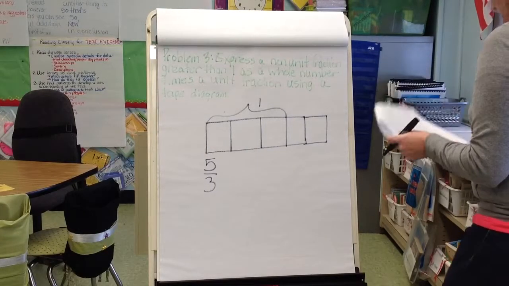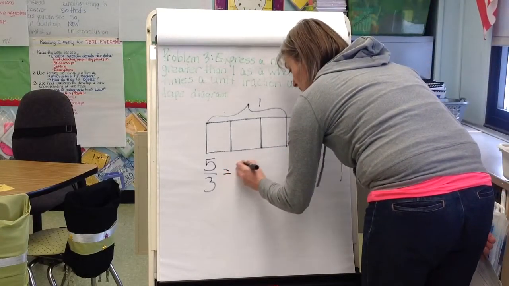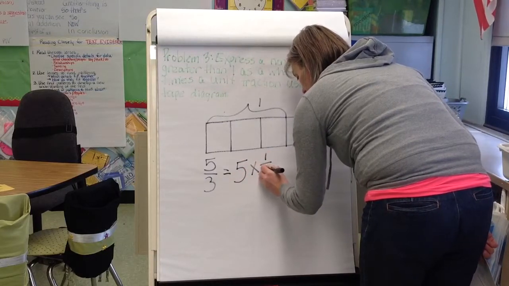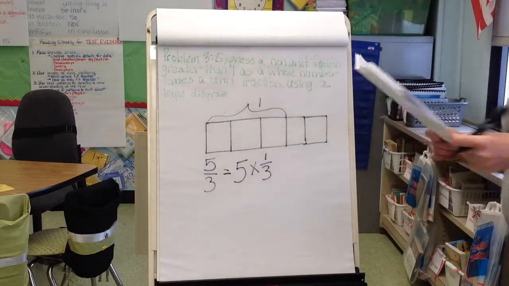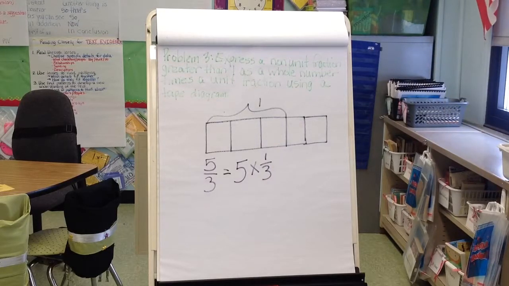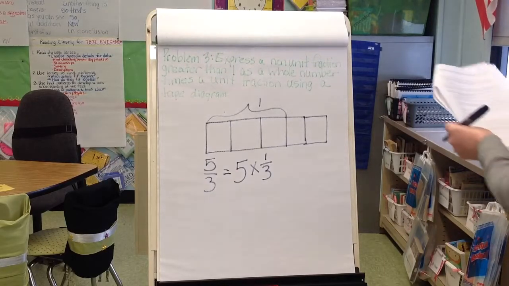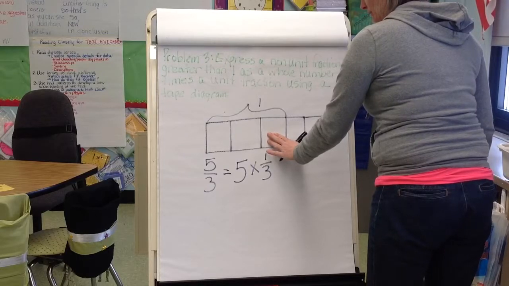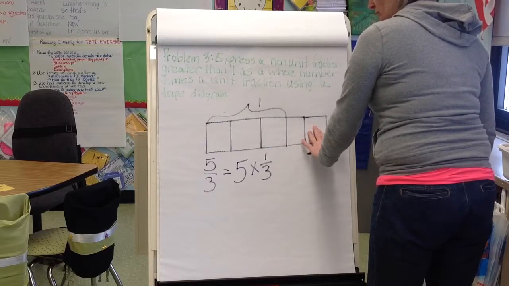Well, that equals the whole number 5 times 1/3. Now, if we look at the tape diagram, we have 3/3 here, and there's another 2/3 here.